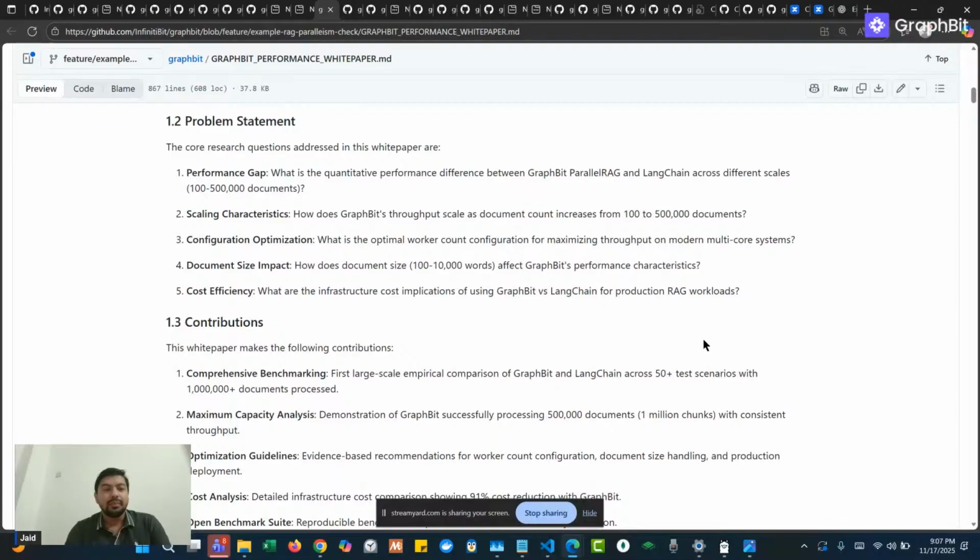So what is the problem? The big performance gap is the quantitative performance difference between a Python-based framework and a Rust-based one, which is GraphBit. The key differentiator is when scaling in production grade, when you have to process thousands to millions of documents.